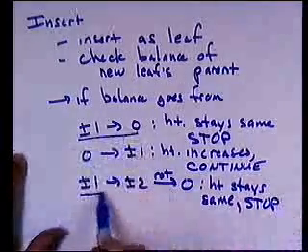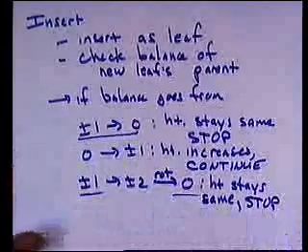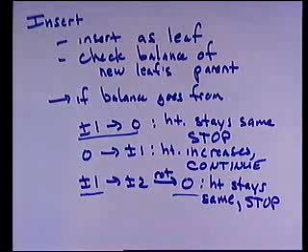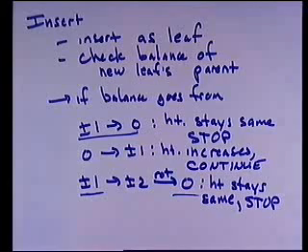So in both cases, if you go from ±1 to 0, whether there's a rotation in between or not, you're going to eventually stop. And if you go from 0 to ±1, it's because you had 2 equal height subtrees, and then one of them got larger, and that means the height of that node did increase as well as having a balance change, which means your parent now has a subtree whose height has changed. And so you need to go up and check the balance of that parent.